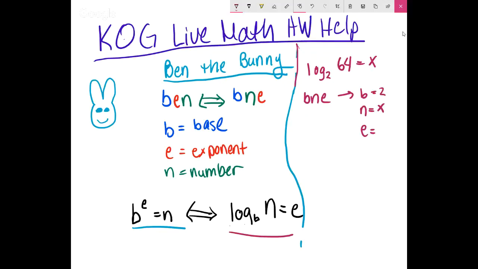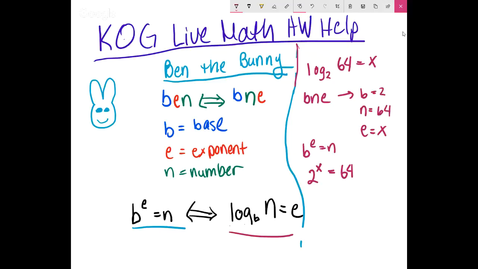Sorry, N is 64, so we do know what the answer is. We don't know what the exponent is, which is x. Go from left to right. We want to write this in Ben form. The base is 2 raised to the exponent we don't know, and the N is 64.